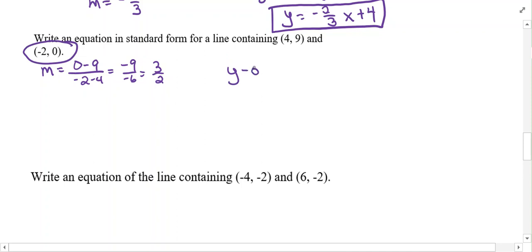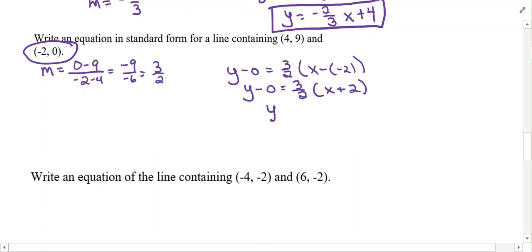So y minus 0 equals 3/2 times x minus a -2. So that'll give me x plus 2. Y minus 0 is y. 3/2 x. 3/2 times 2 is 3. I'm going to subtract the 3/2 x over to the other side.